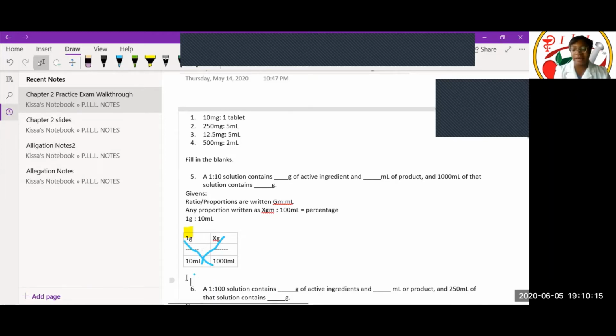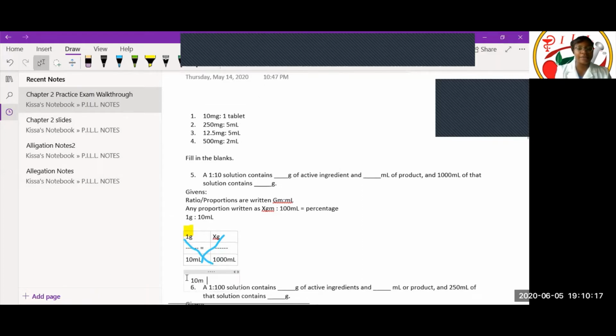So we would have 10 ml times X, unknown value X in grams, and we will set that equal to 1 times 1,000, which equals 1,000. But the grams do not disappear. So 1 gram times 1,000 milliliters will equal 1,000 milliliters per gram.